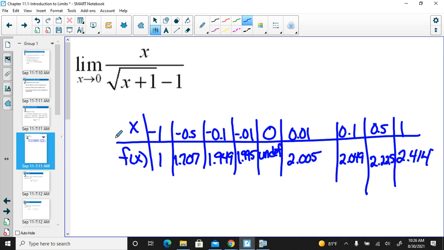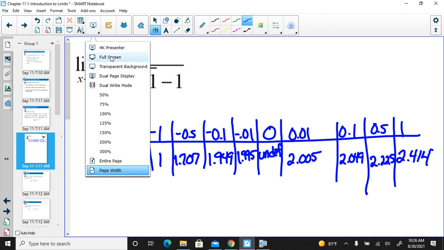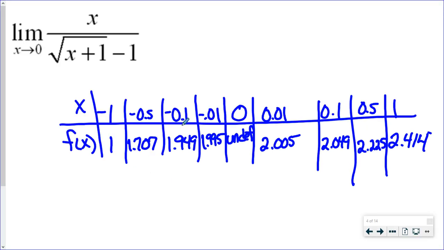Now, going back to that definition of a limit, as x approaches some value c, which in this case is 0, from both sides, if my f of x, or my y, approaches some value L, then that is what we say the limit is. As my x is getting close to 0 from the left, what does my y value appear to be getting closer and closer to? 2.